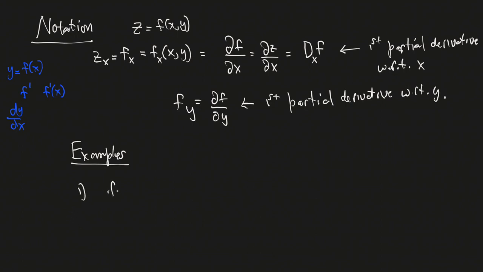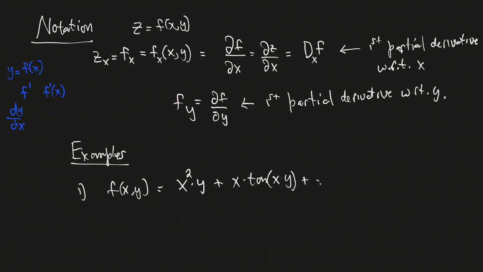So let's start with something like, let's say our f of x y is this function. So let's say it's x squared times y, and then let's say plus x times the tangent of xy, right?